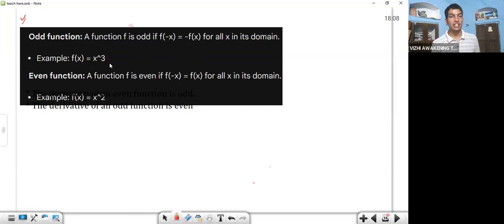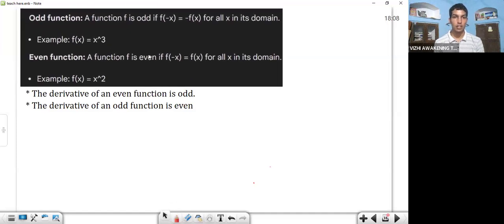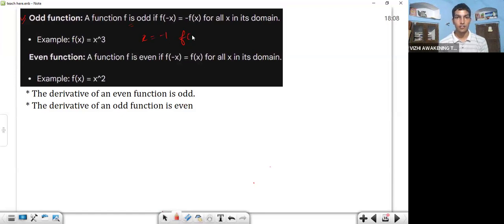Okay. For example, we can take the example of x cube. We will put an x value like -1. If x is equal to -1, then f of -1 is going to be equal to -1 raised to power 3, that is -1.